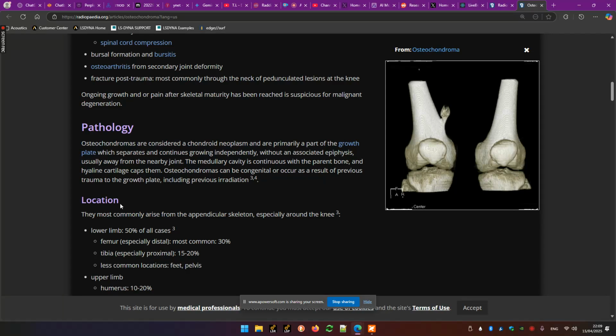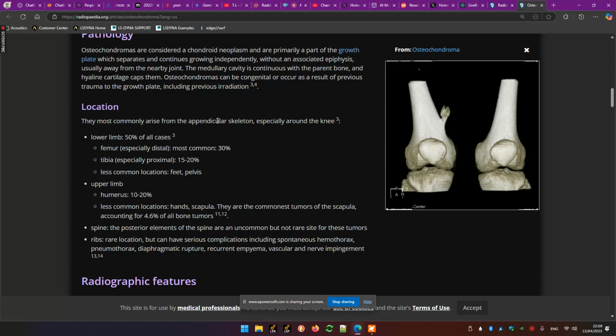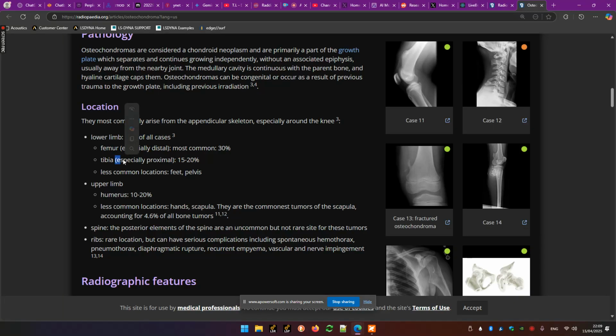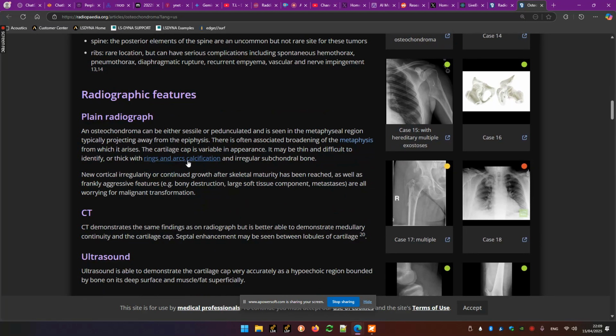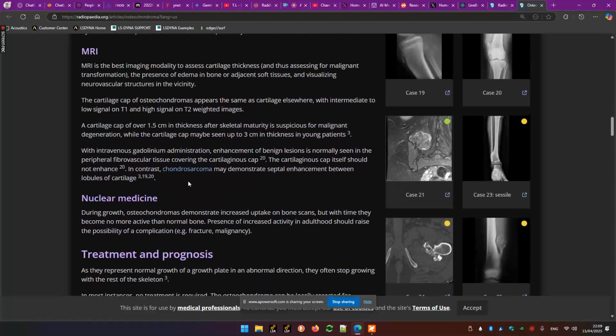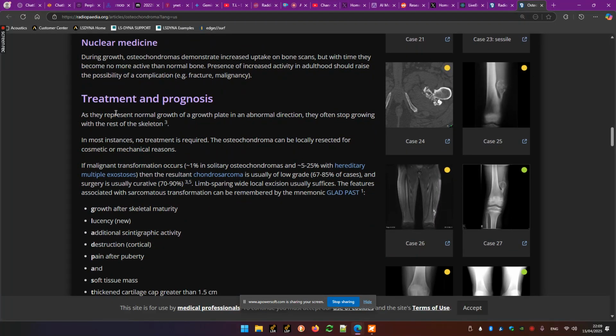This is the direction of the joint. Most commonly they arise from the appendicular skeleton, especially around the knee, lower limb, femur, tibia, less commonly feet. They represent normal growth of the growth plate in an abnormal direction. It doesn't stop growing with the rest of the skeleton.